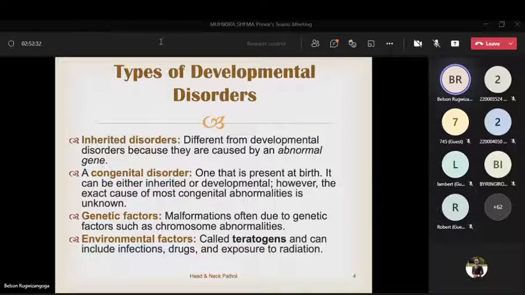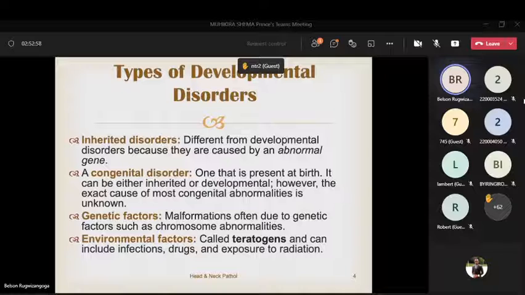The first category here is inherited disorders, meaning that they are inherited in the genes that we receive from our parents. These are just definitions, not the types. So these are called inherited disorders. A congenital disorder is the disorder that is seen at birth.